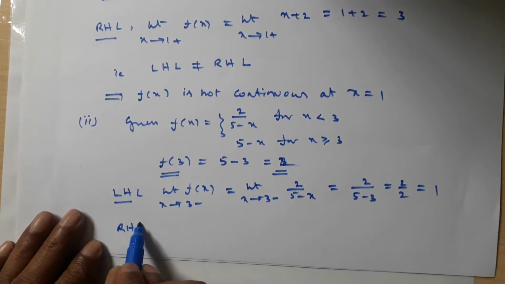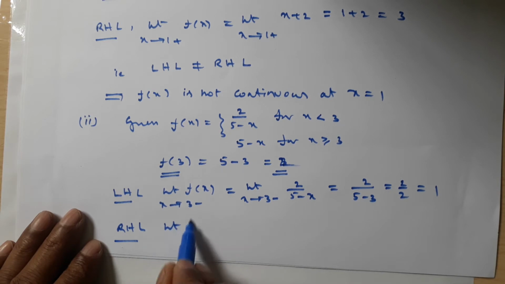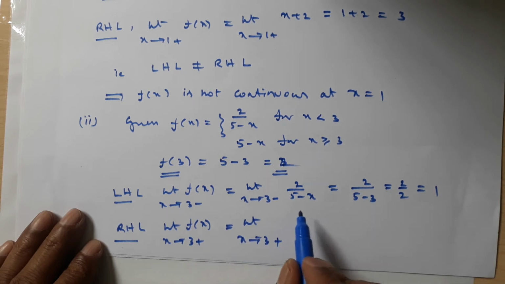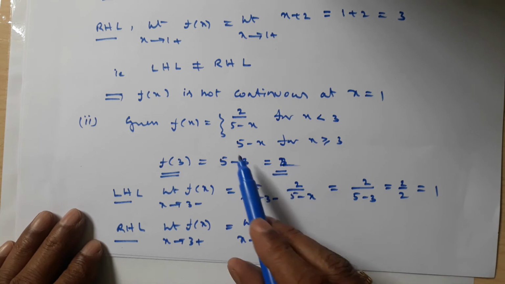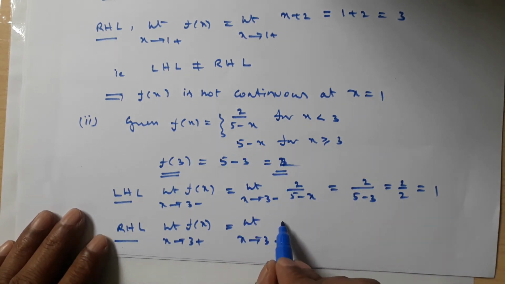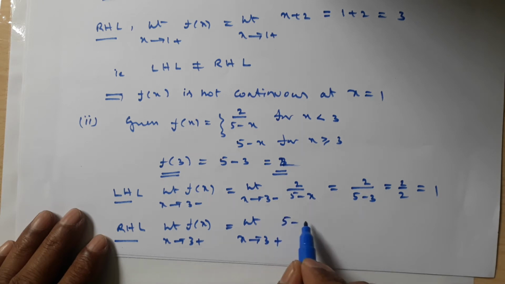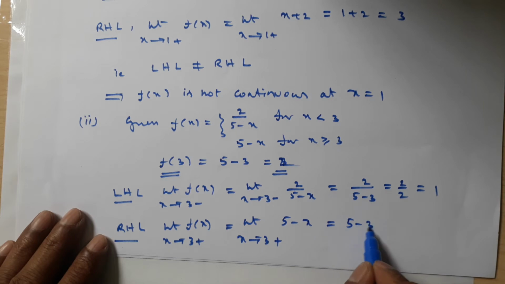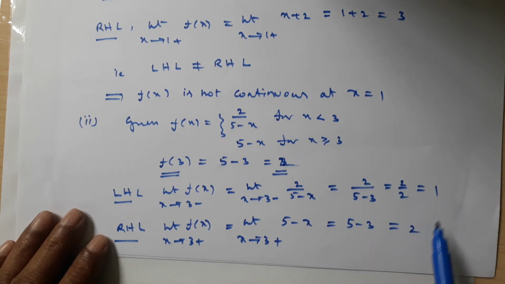Next, RHL value, limit f of x as x tends to 3 plus. So for x greater than or equal to 3, the function was defined 5 minus x. So f of x is 5 minus 3 is equal to 2. So RHL value is 2.